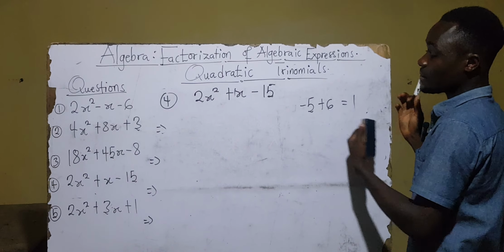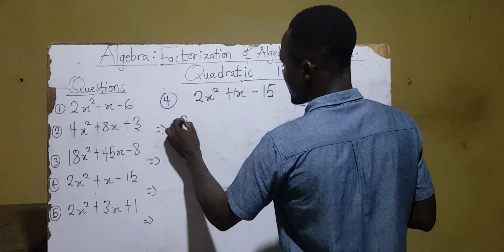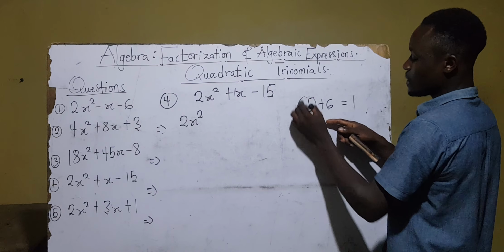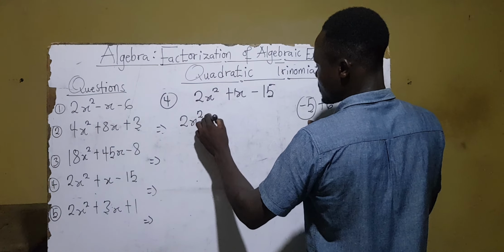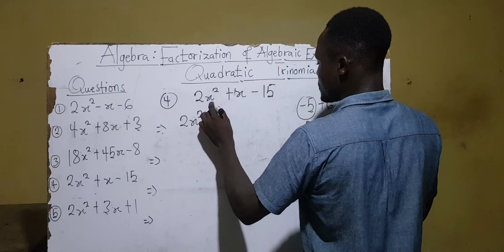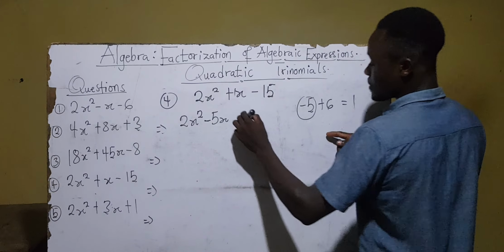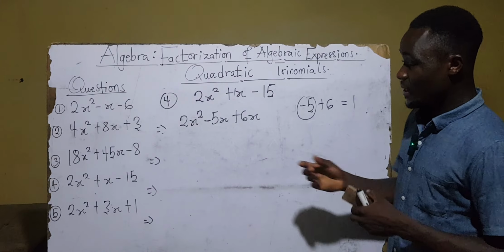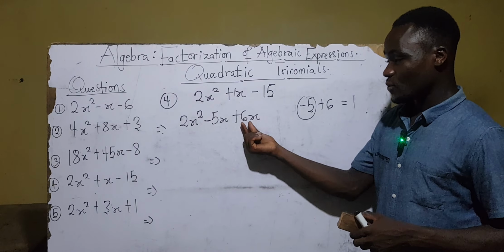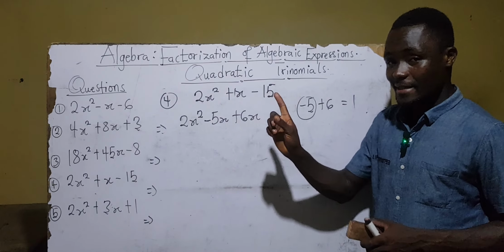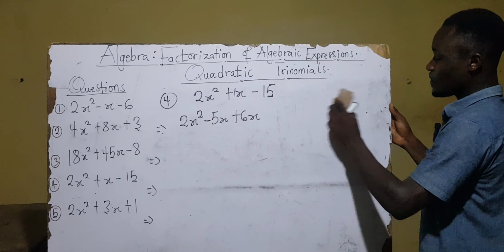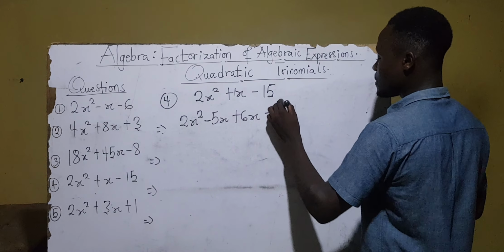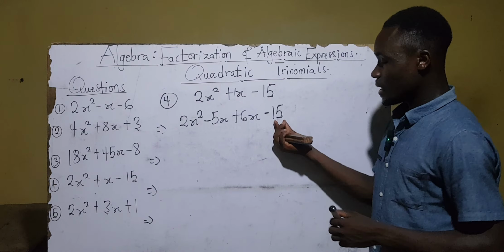This can be rewritten as 2x squared, and the 1x can be expressed as negative 5x plus 6x. Remember that negative 5x plus 6x will definitely give us positive 1x. Are you clear with that? All right, the next part is we add the constant, which is negative 15.